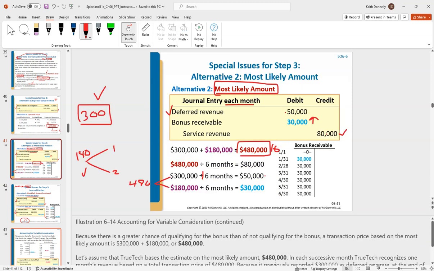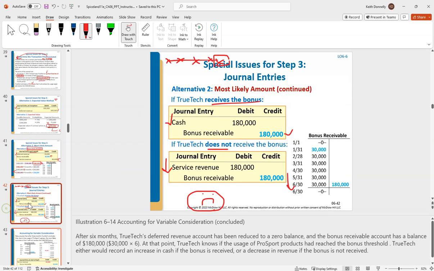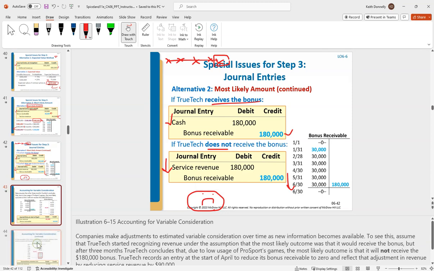Of this amount, 80, 50 is for the 300, but 30 comes from the bonus. So if we don't get the bonus, then you don't get the revenue for it. You have to flip that out over there.